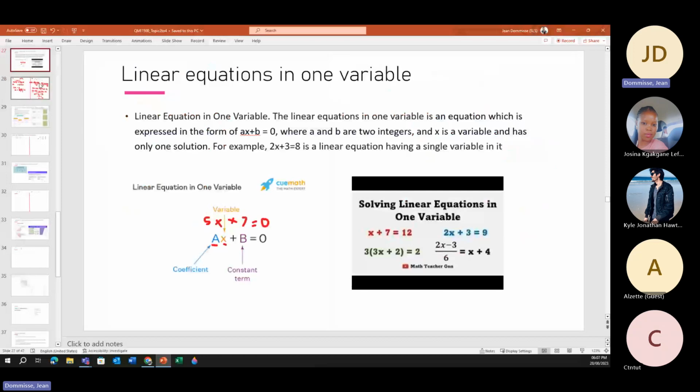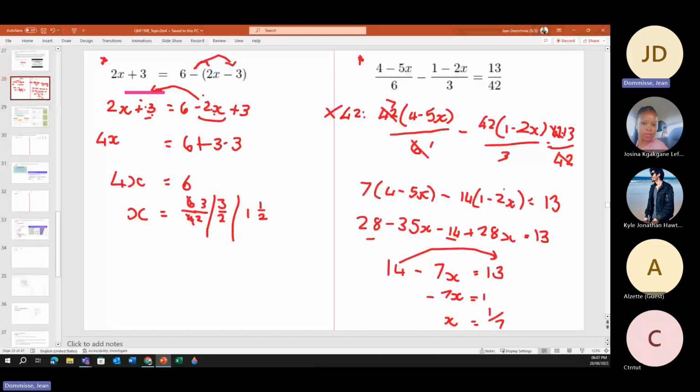So it's more likely that it will normally be something like that instead of 13 over 42. But again, this is the way to work it out if you need to solve a simple equation with one variable.